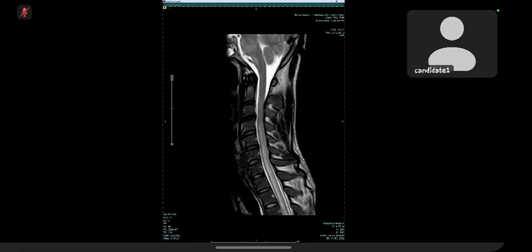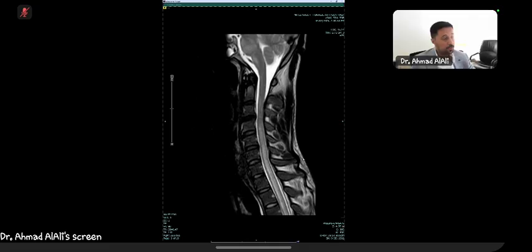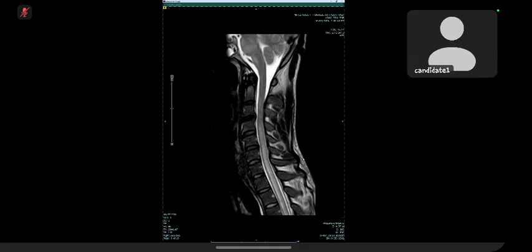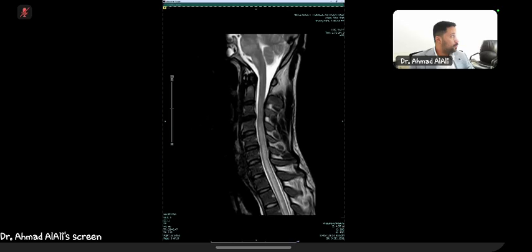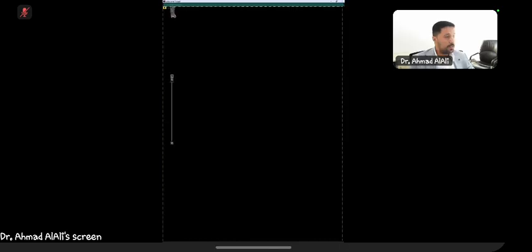There may be some infectious process, or there may be some demyelinating process like neuromyelitis optica that involves a long segment of the cord. Can this be multiple sclerosis, for example? In multiple sclerosis there is cervical cord involvement, but it is short segment, and predominantly the posterior columns are involved. Right. So, I would show you the post contrast images.